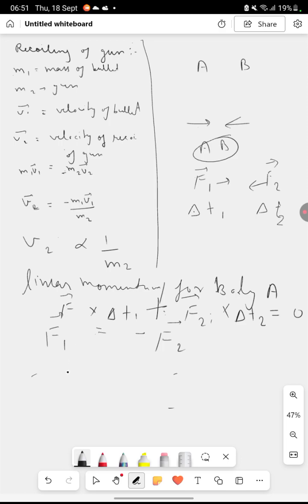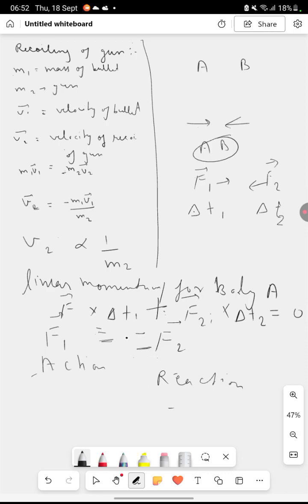So we can say from here this is action and this is reaction, that is equal and opposite. The negative sign here shows that it is opposite.